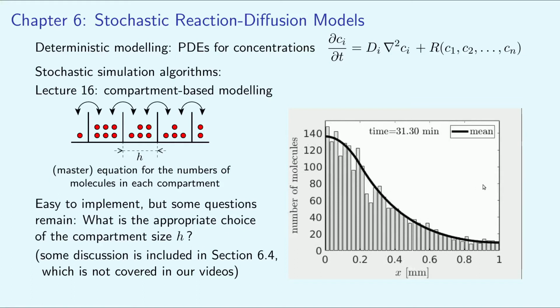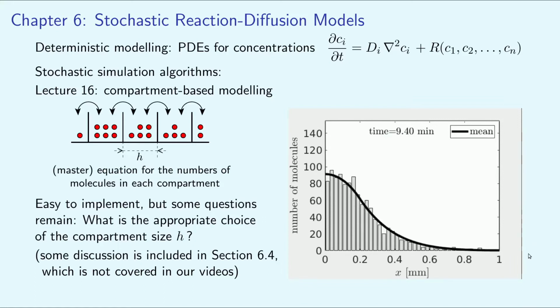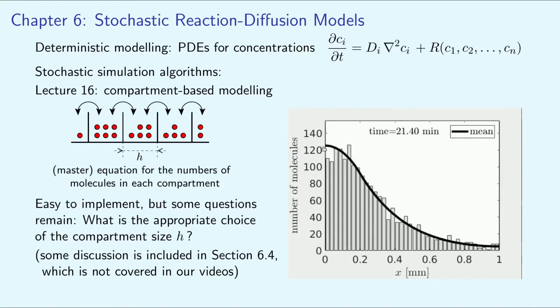In this video, we presented a linear model, for which we derived the equations for the average number of molecules in compartments. Passing to the limit H goes to 0, we derived the corresponding deterministic reaction-diffusion equation, which could also be viewed as an equation for the probability distribution function of a single molecule.